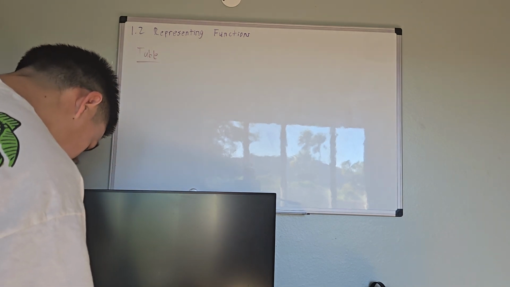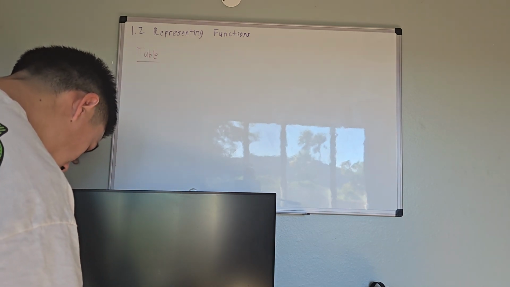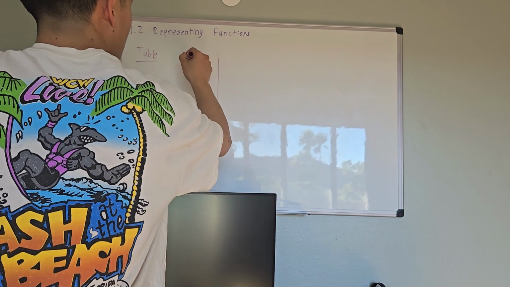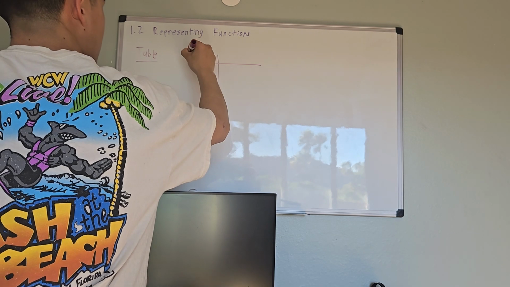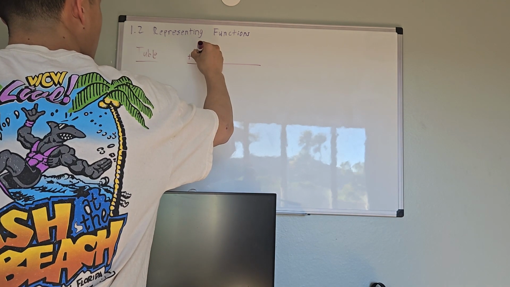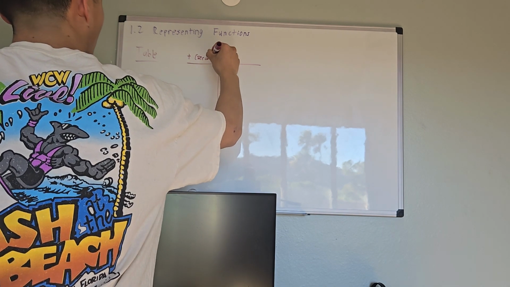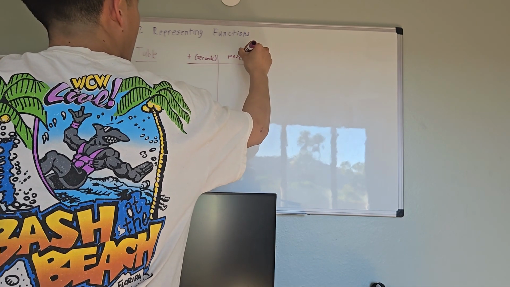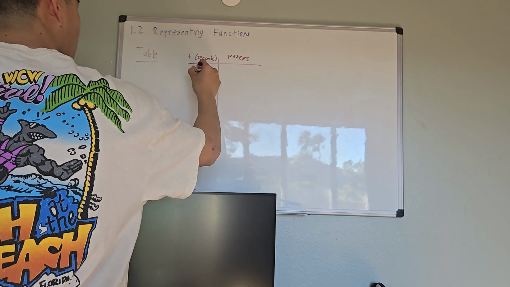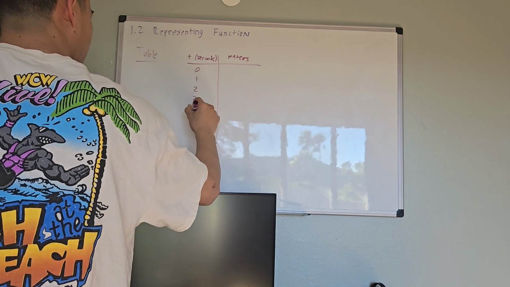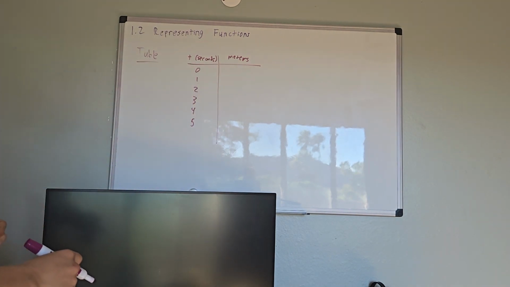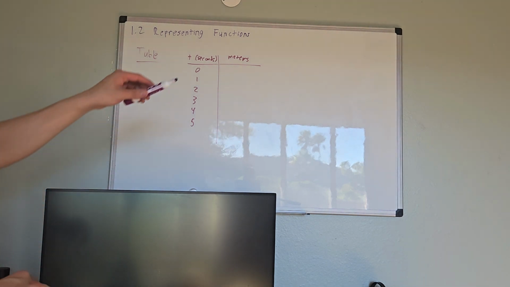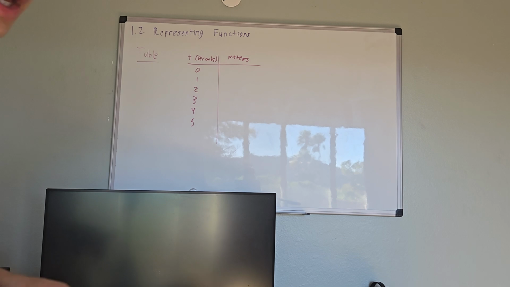If you had a table, okay, and said this is t equals seconds, and this we'll call meters, okay? And if you said 0, 1, 2, 3, 4, 5 seconds, and you were trying to describe how an object falls, in meters.